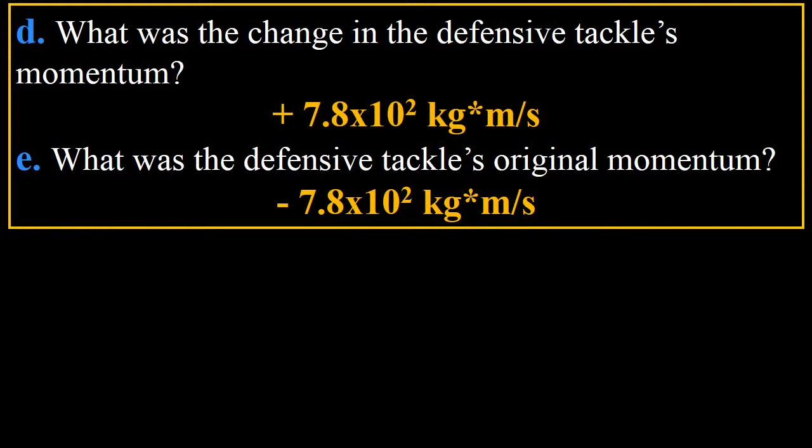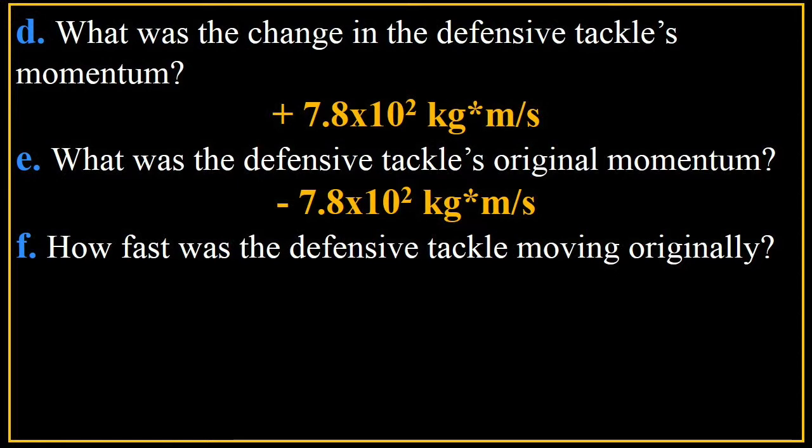The change in momentum is positive because it's going to be 0 minus a minus, and the defensive tackle's original momentum must be minus because the fullback's was positive, so he has to be negative. He's going the other direction. Why is it negative? Well, we're going to look at that right now.